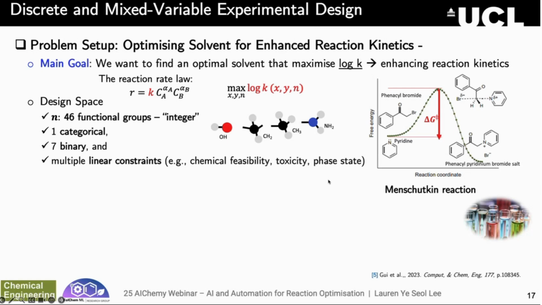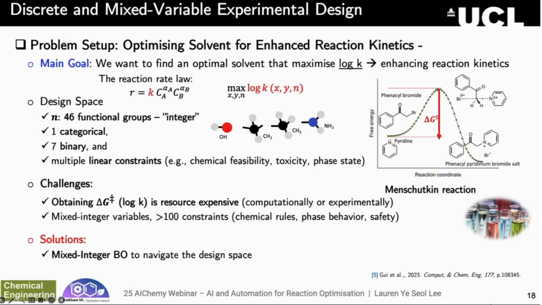And also solvents should be safe, so you may want to introduce some constraints on toxicity. So this is exactly the kind of space where Bayesian optimization should help, but only if the optimizer can properly handle these mixed variables and constraints.